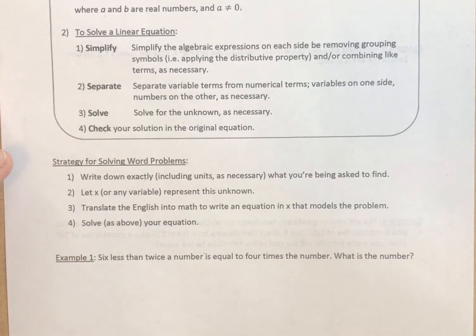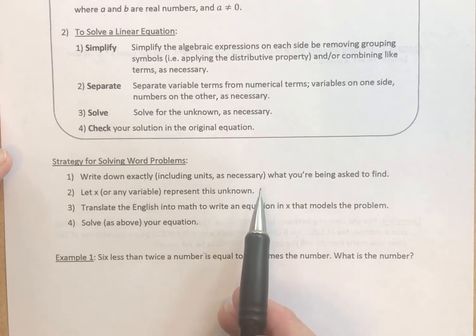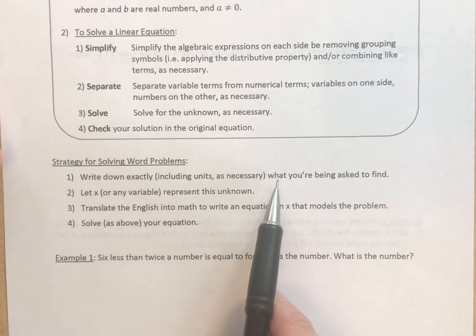This is a big deal. Most people will try to solve problems without fully recognizing what it is they're being asked to find. And if you don't know what you're looking for, chances are pretty good you're not going to find it. So that's a key step that I find a lot of people struggle with.